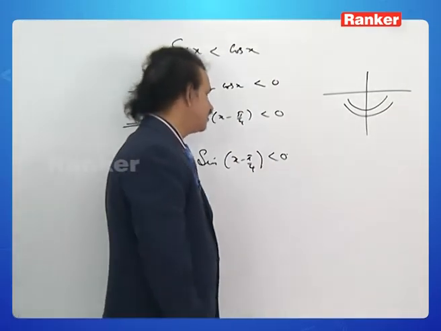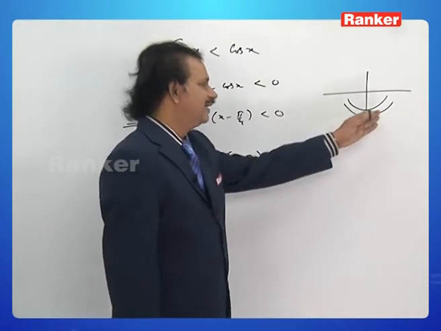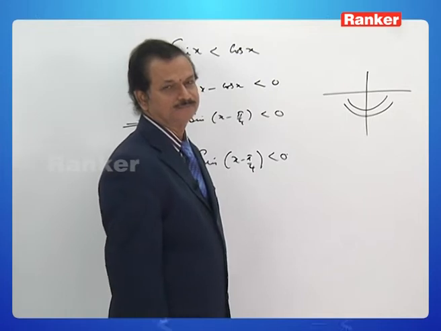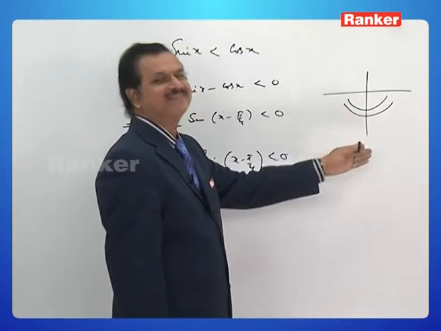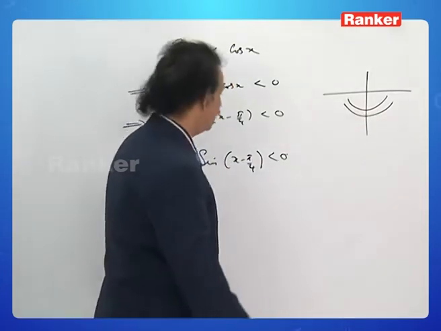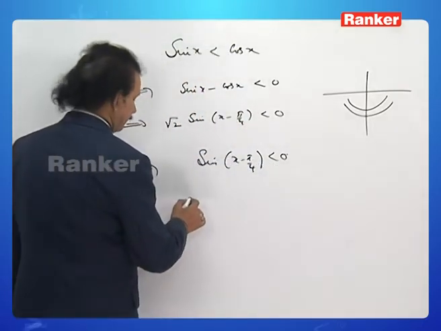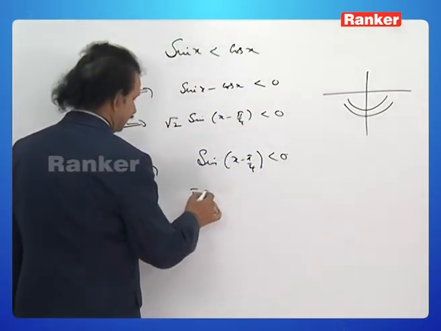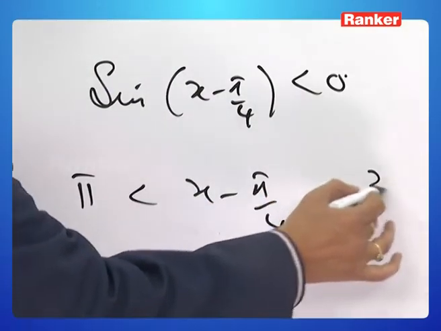You can express it in two ways. In what way? Minus pi less than x less than 0, or 180 degrees, pi less than x less than 2 pi. You can, as you like. Isn't it? So, pi less than x minus pi by 4 less than 2 pi.